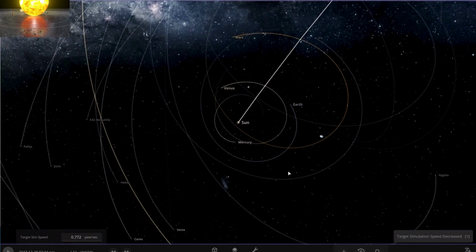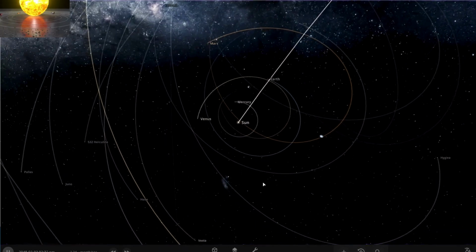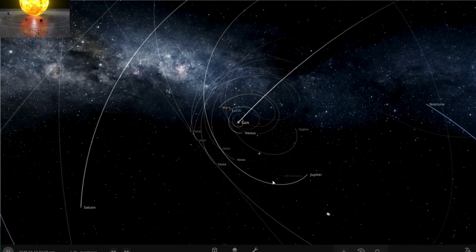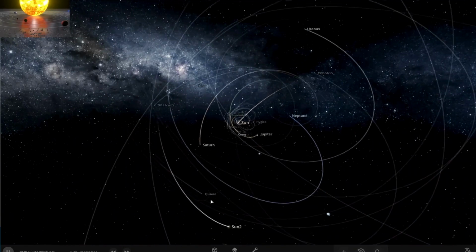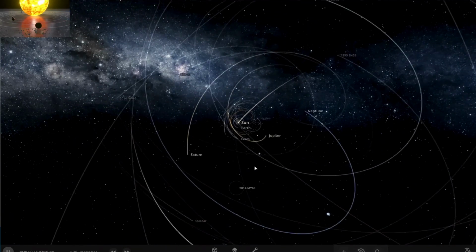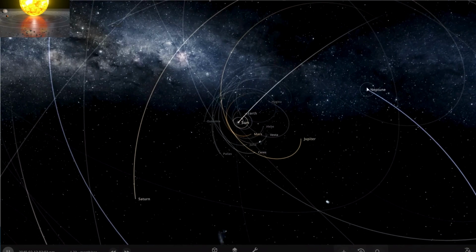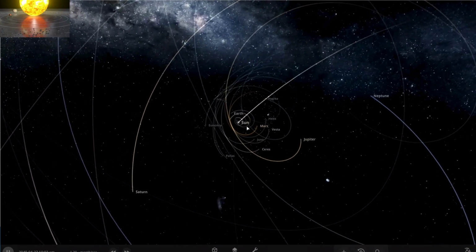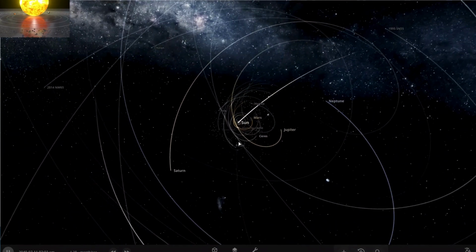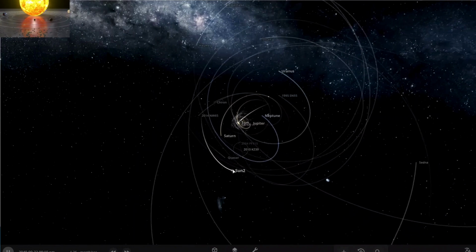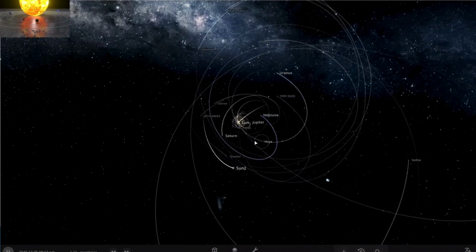Let me slow down the simulation so we can see better what's going on. As you can see, all the orbits have been changed. Neptune is going somewhere, and this sun is quickly trying to get close to Sun 2.